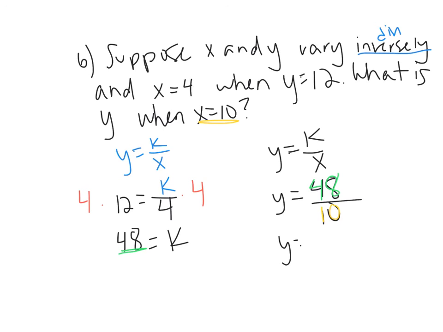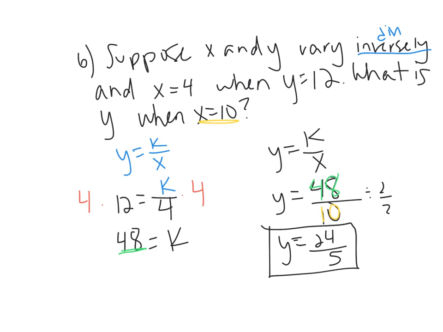It doesn't divide evenly, but let's see if we can simplify. It's always good to simplify fractions. I can divide by 2, right? So if you divide by 2, we get 24 over 5, and nope, 5's not even, 5's prime. That's as good as we're going to get. So y equals 24 over 5. Okay, so use the wording in the sentences here. Inversely means divide.